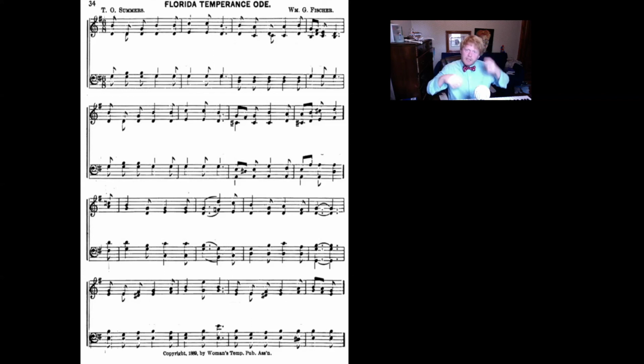It's a hymn or like a rally song that was associated with the delegation from Florida when they would have national conferences of the Women's Temperance Union. Clearly in G. Go to the second line.